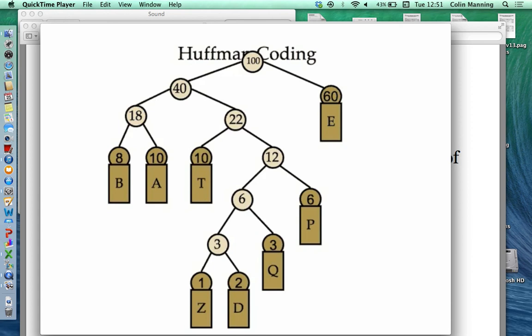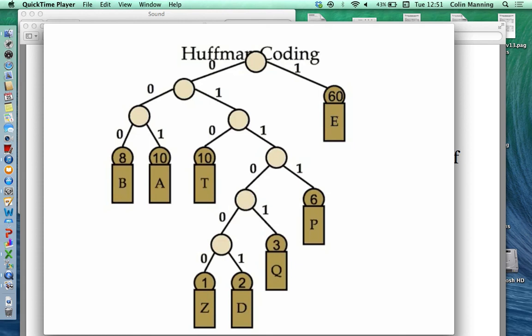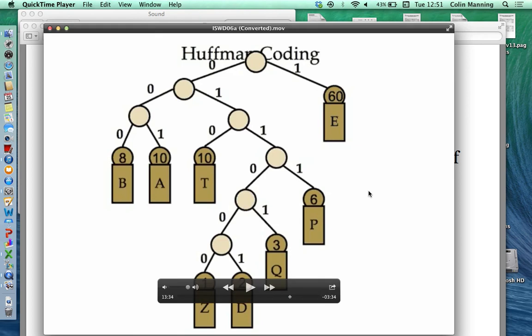And so if we decide that the left-hand side is 0 and the right-hand side is 1, then we end up with our codes for each of our characters. So there, an A would be 0, 0, 1, because we follow it from here, 0, 0, 1.